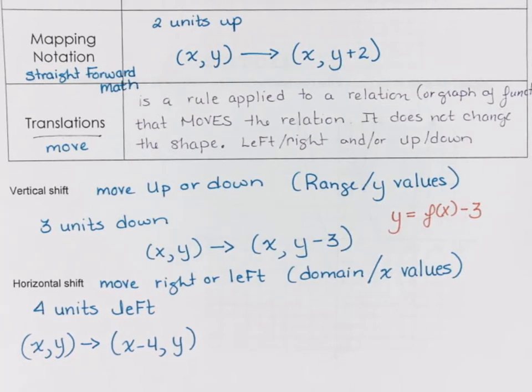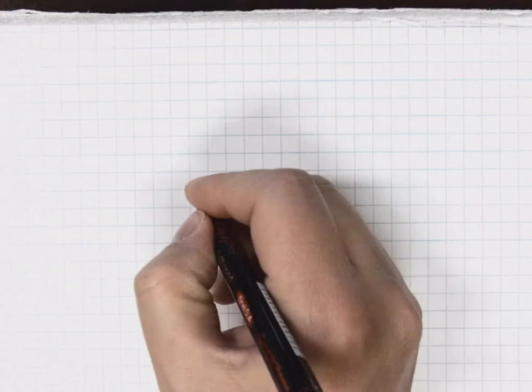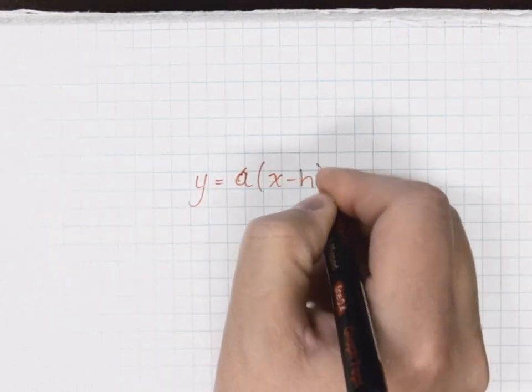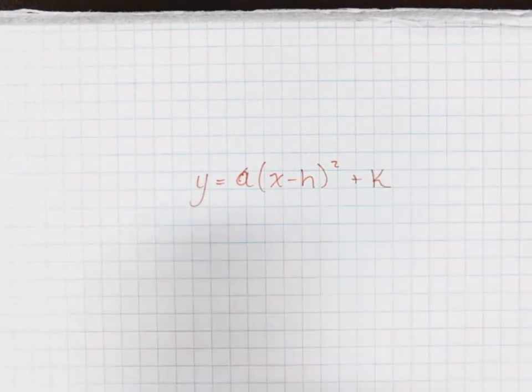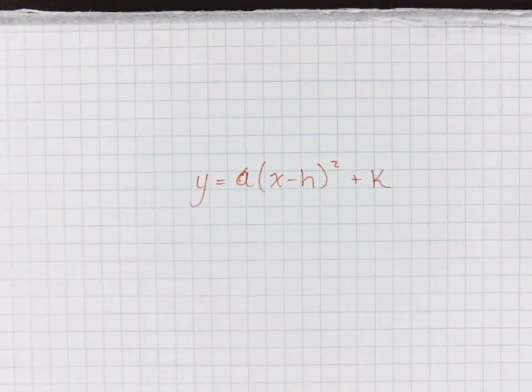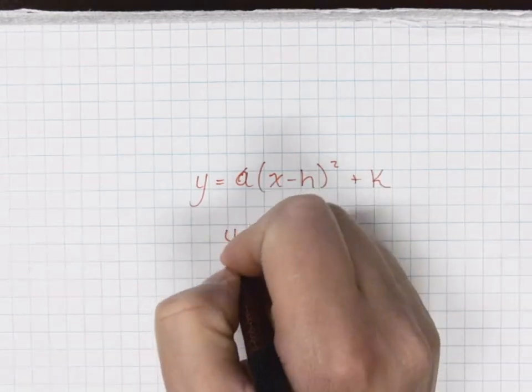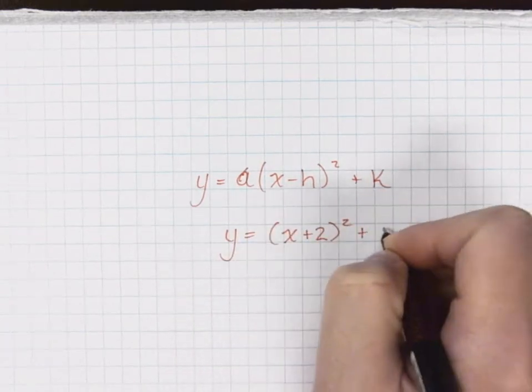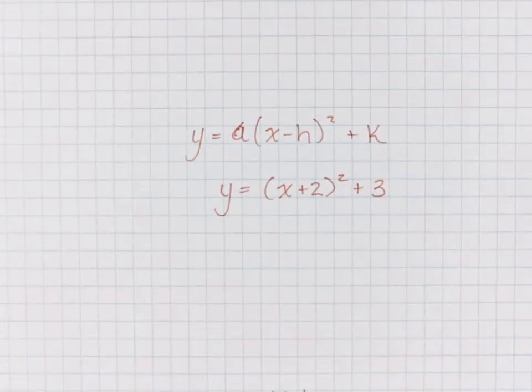Okay, so now, ladies and gentlemen, I'm going back to my scrap piece of paper. Do you guys remember vertex form? Okay, so now I'm going to test your knowledge again, and I want you guys to tell me where the vertex is in that quadratic.